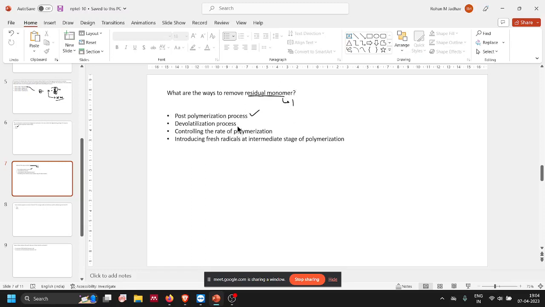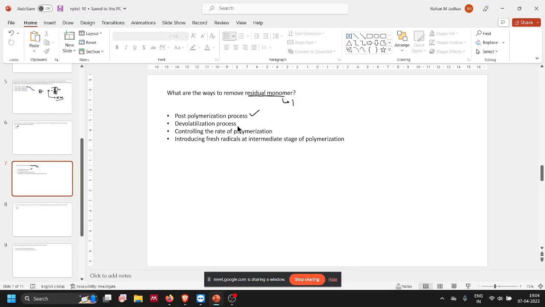Next is the devolatilization process. Devolatilization is helpful for volatile organic compounds present inside the polymers, and this is basically a mass transfer operation in which the volatile organic compounds diffuse to the particle surface, and from the polymer surface they diffuse into the aqueous phase. After diffusion into the aqueous phase, they transfer to the gas phase.